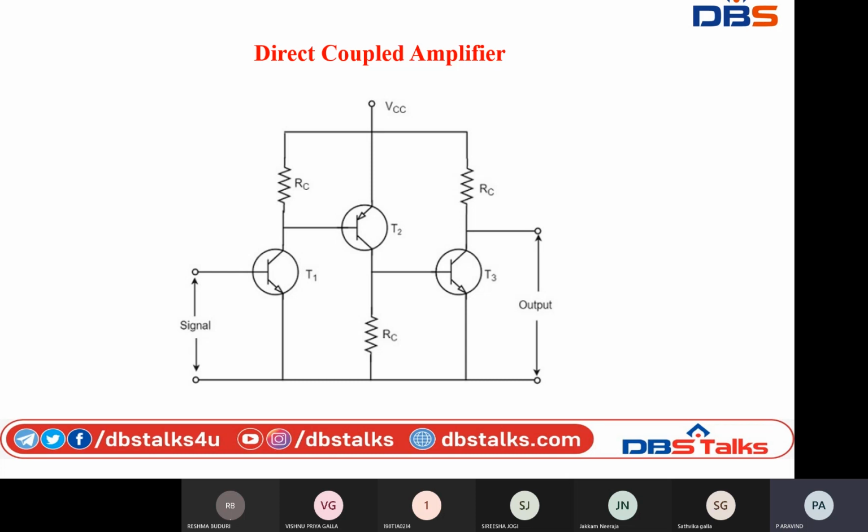The transistor in the first stage will be an NPN transistor, while the transistor in the next stage will be a PNP transistor, and so on, alternately.